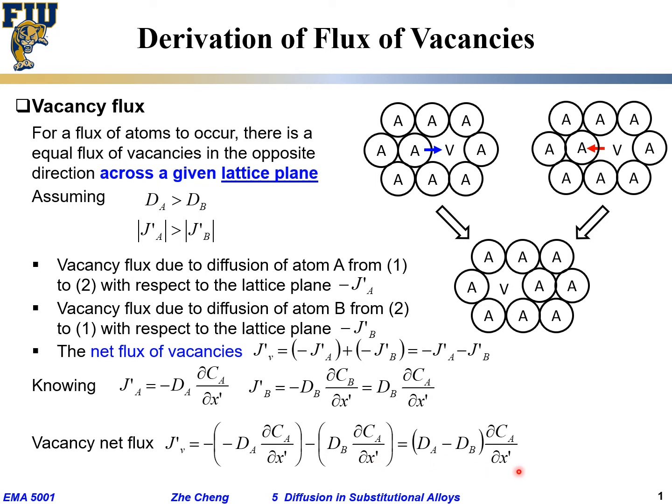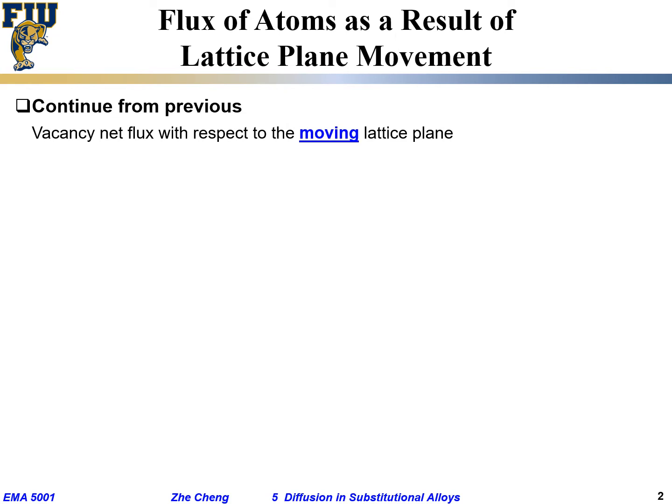What does this tell you? If dA and dB are the same, what would happen? The net flux of vacancy is 0. Makes sense, right? If this guy and that guy are exactly the same, then the net flux of vacancy is also 0. Makes sense, right? Okay. Now, the vacancy net flux to that vacancy plane, that's what we said.